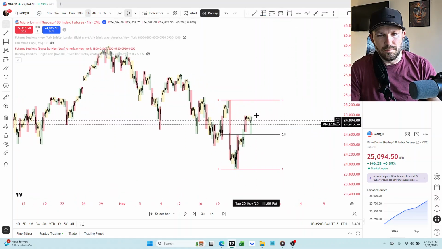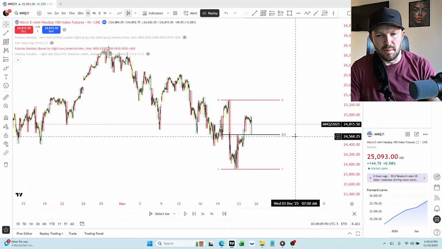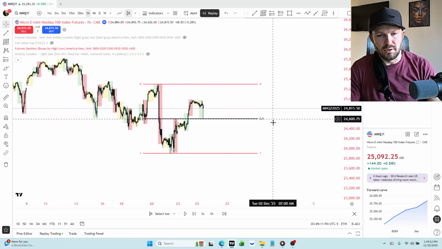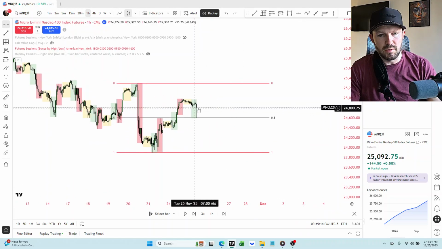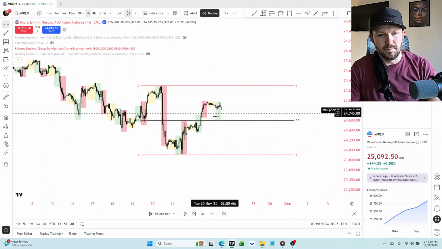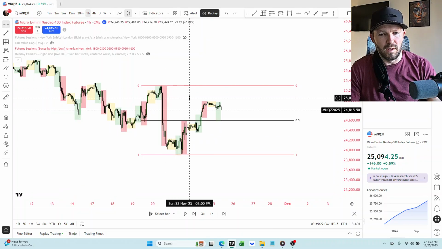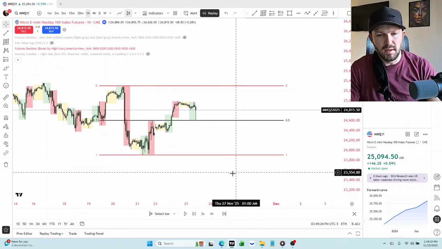We are in premium. This is discount, this is premium. Anything above the 50% mark is good shorting territory. So I was thinking shorts this morning based on where we're at in equilibrium.